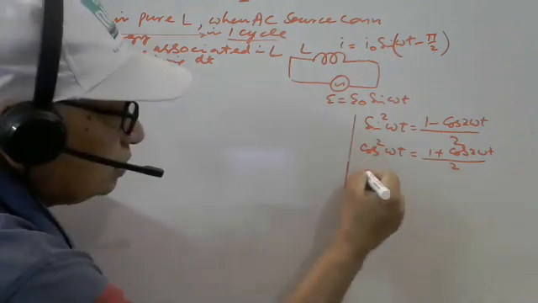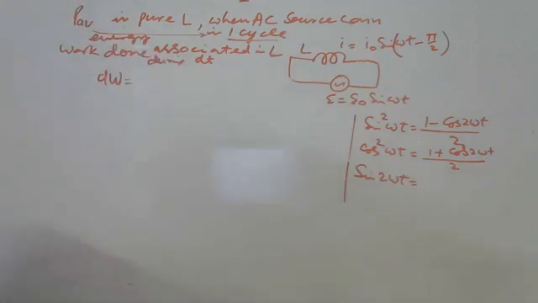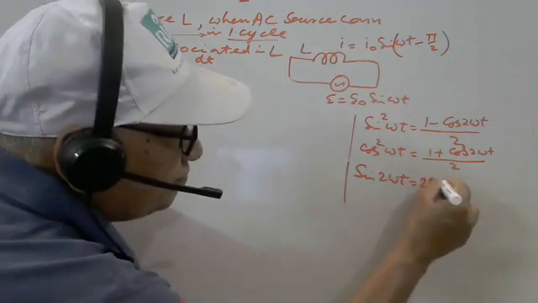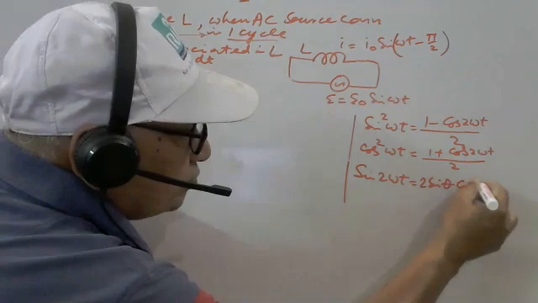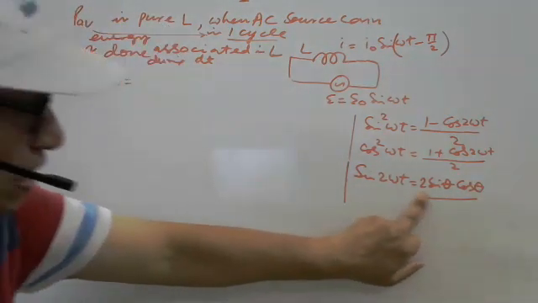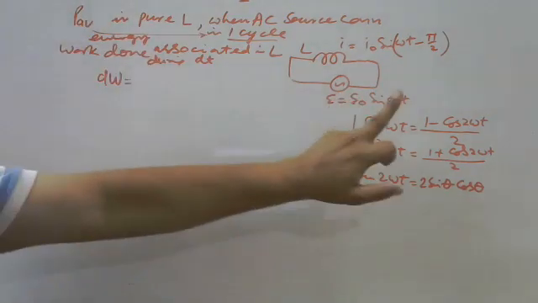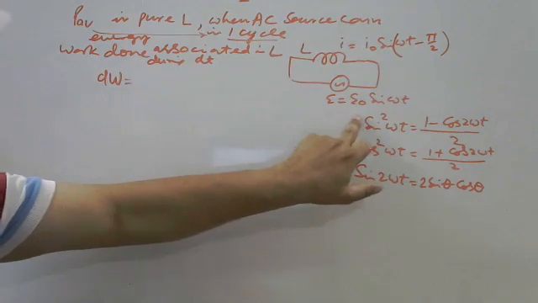But before discussing, this is the formula you know: sin 2 theta equals 2 sin theta cos theta. This is also the half angle formula, for cos 2 omega t. We are replacing this.